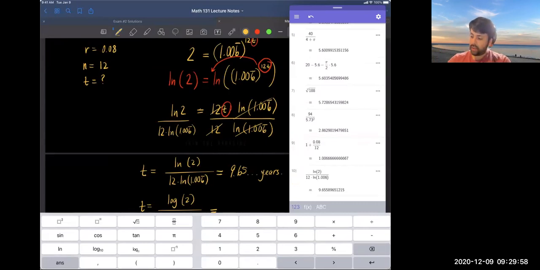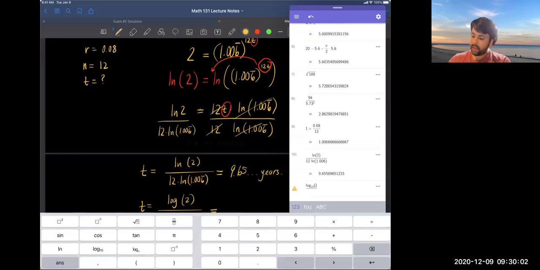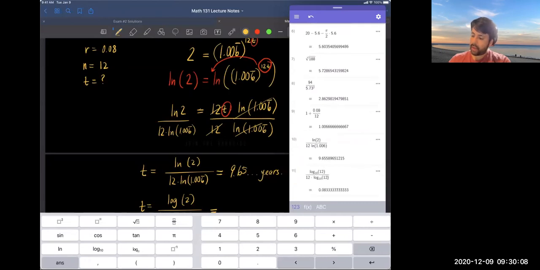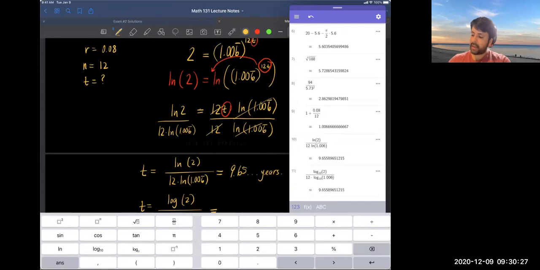And just to show you, if I use log base 10 and do 12 times log of 1.006 on the bottom, with log of 2 on top, you see I get the same thing.